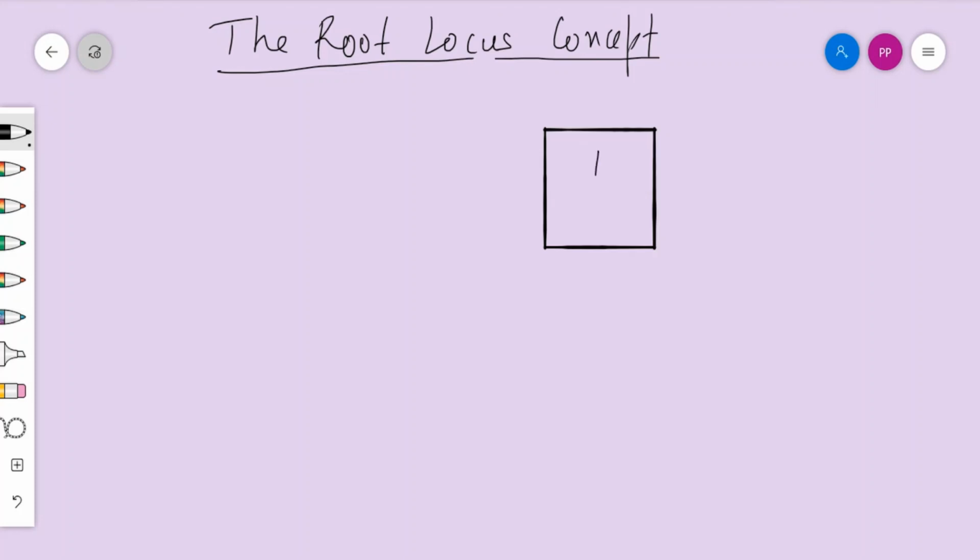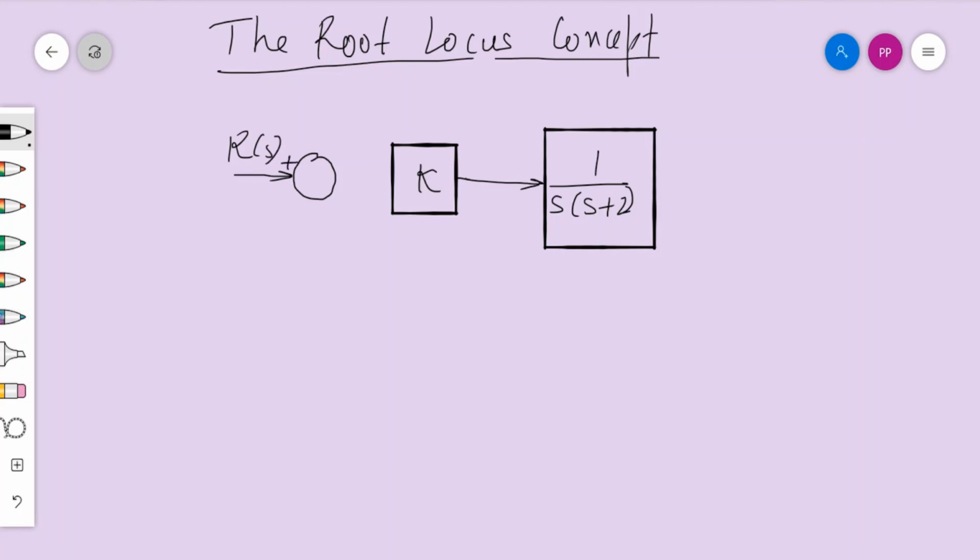So let us define this as 1 divided by s into s plus 2. Then we have a power amplifier with a gain k. Then we have the feedback. So here we will have a reference input to the system, let us define it R(s), and there is an error signal because of the error between the reference input and the output.